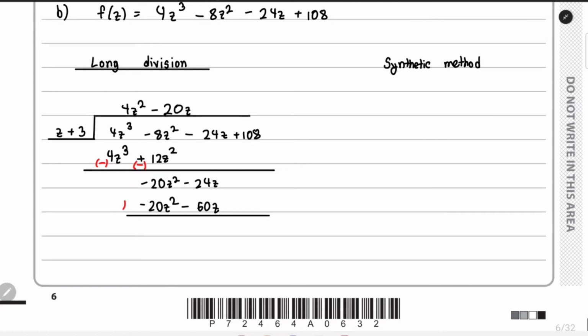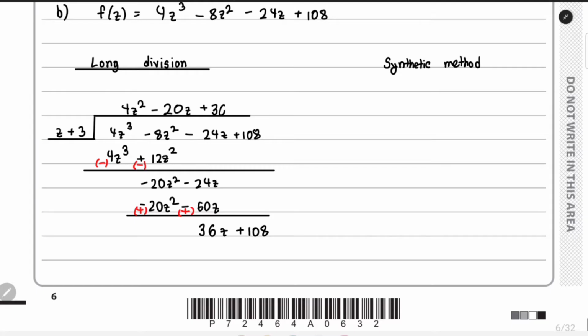Once again I'm subtracting the whole thing, so the minus will become a positive, this minus will also become a plus, this cancels out, and minus 24z plus 60z is 36z. 36z plus 108 is remaining.